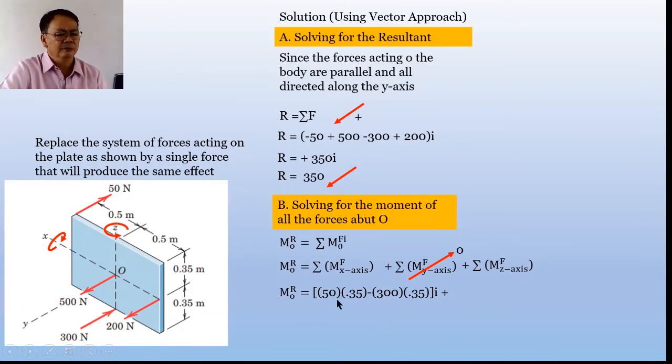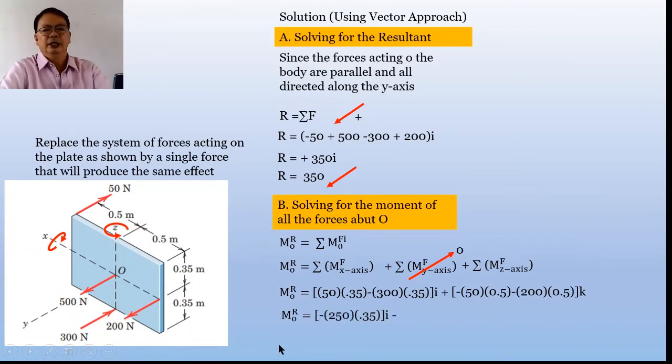And therefore that is both negative 50 times 0.5 minus 200 times 0.5, multiplied by k, because k is the direction of the axis of rotation of the moment due to 50 and the 200. So that when this will be simplified, the moment of the resultant about O shall be equal to negative 250 times 0.35 i minus 250 times 0.5 k.